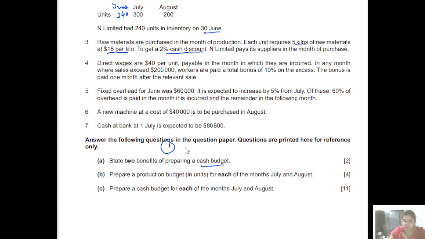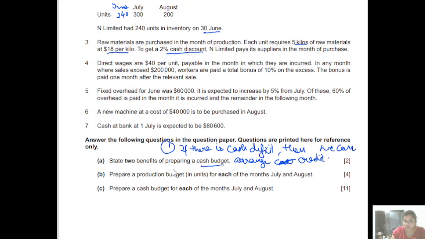So you are very much aware of the position of your cash after preparing your cash budget, and if there is a cash deficit, then we can arrange credit.